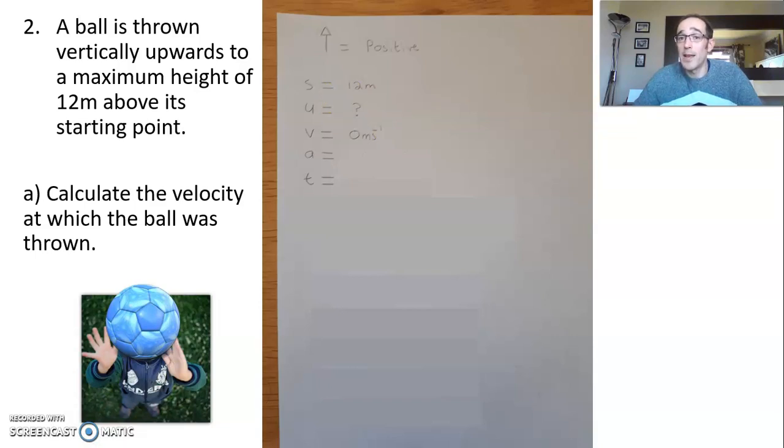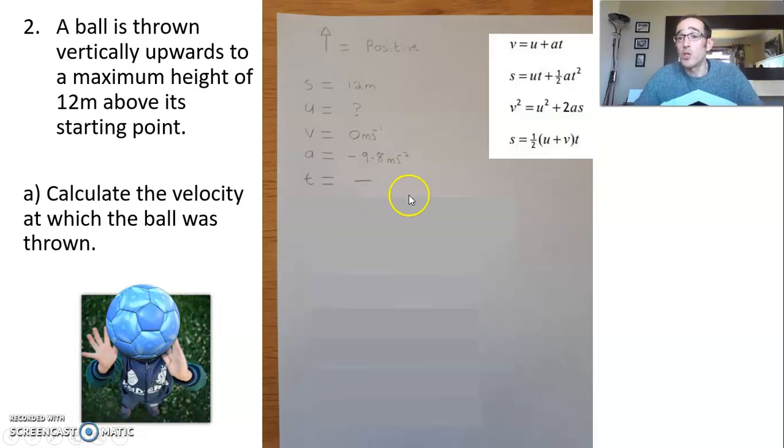So that would have to be a negative value given my choice of positive direction. So the acceleration we're going to write as minus 9.8 meters per second per second. This indicates that it's in the downwards or negative direction. We don't know anything about the time taken, so I'm just going to leave that as a blank.